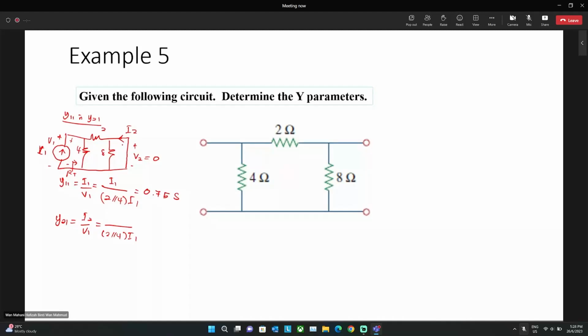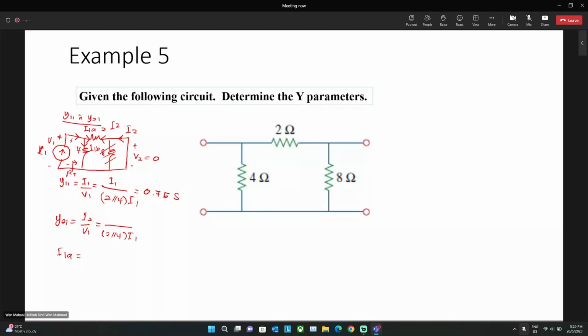So I2 kat mana? Sini. I1 kat mana? Sini. So what we can do is, macam ni, bila dia parallel dengan short wire, 8 ni boleh ignore kan? Bila 8 ni ignore, this is I2, betul? So kalau you tengok kat sini, daripada I1 ni boleh split dua. I1A dan I1B.